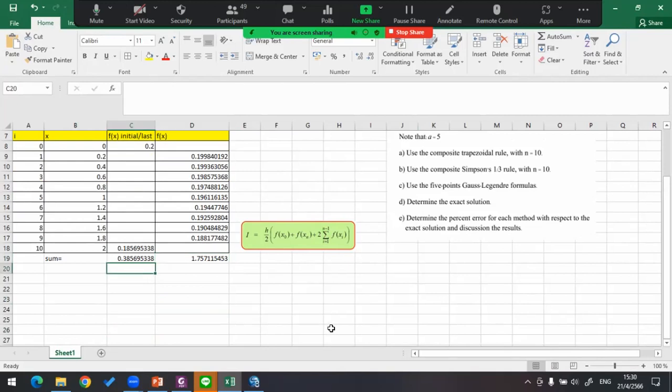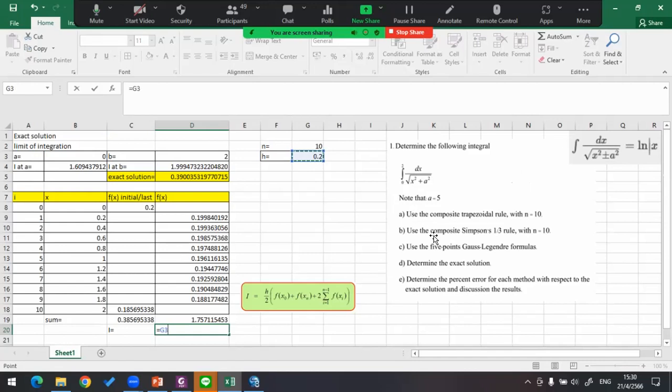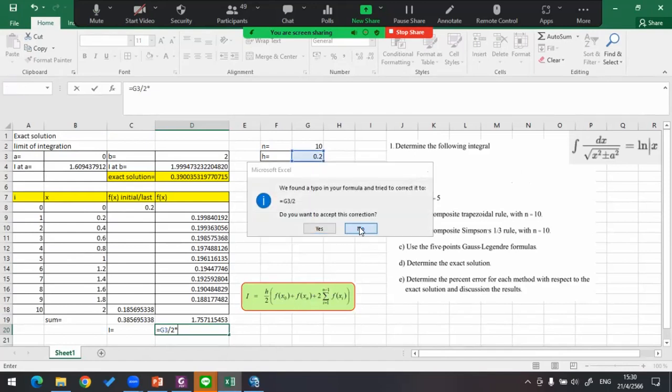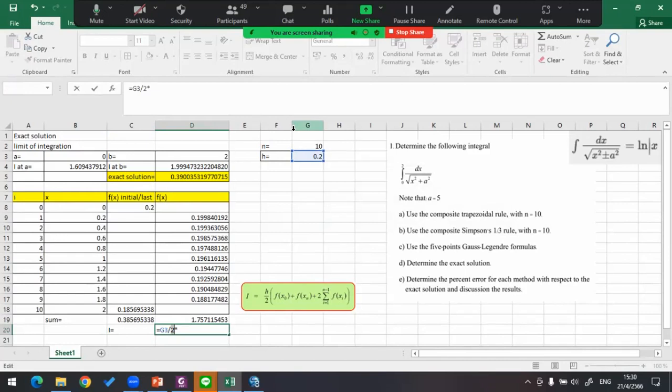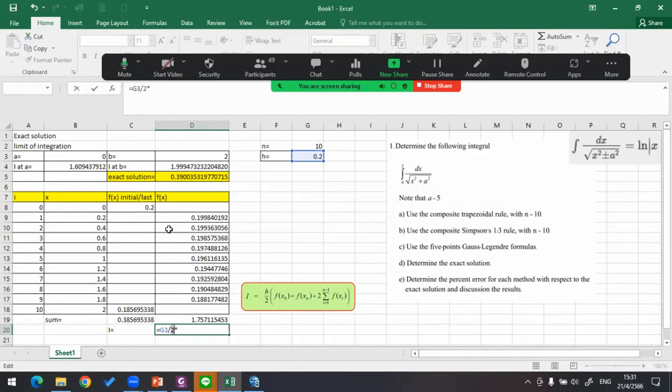Okay, and after that, we can find the integral, right? Integral is equal to h over 2. H is equal to what? H is 0.2 divided by 2 times what? The first term is Fx plus, okay, sorry, I think to reduce your confusion, I will use another formula instead.